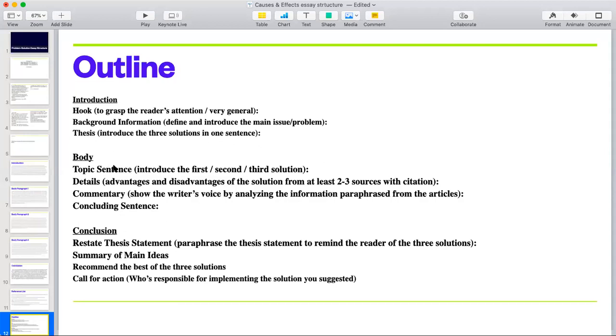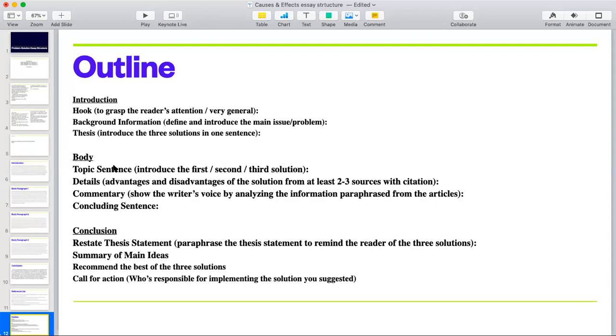3 body paragraphs. Each body paragraph starts with a topic sentence that introduces the first, second, and third solution, then details, advantages and disadvantages of each solution from at least 2 to 3 sources with in-text citation. Commentary: I want to hear your voice as a writer by analyzing the information paraphrased from the article, and a concluding sentence.